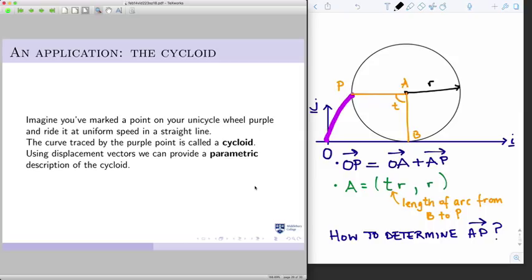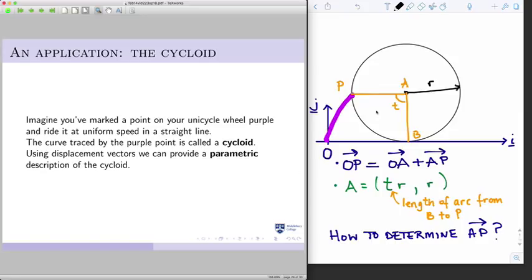Well, let's start with where the center of the unicycle wheel will be. So notice as we're moving along from left to right in the i direction, the center is always going to be at the same height because we have a wheel, and this wheel is a circle and it has a radius r.